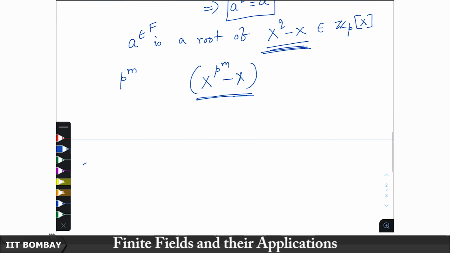So, let us first write down the statement. This is the theorem.